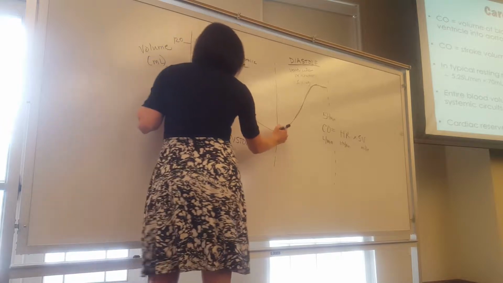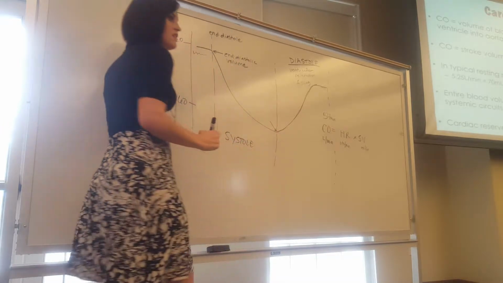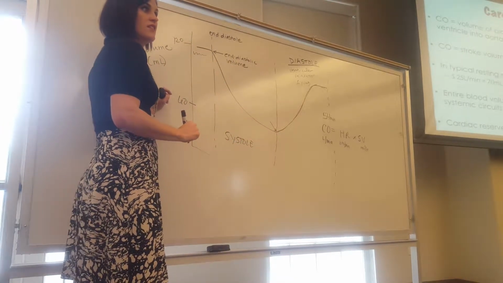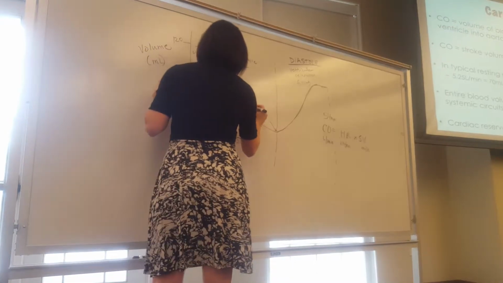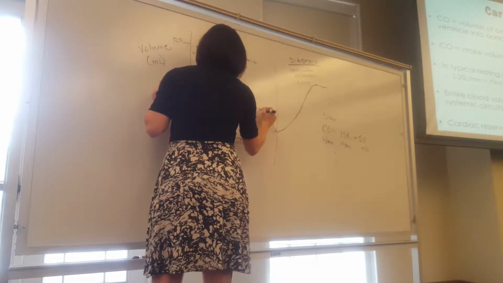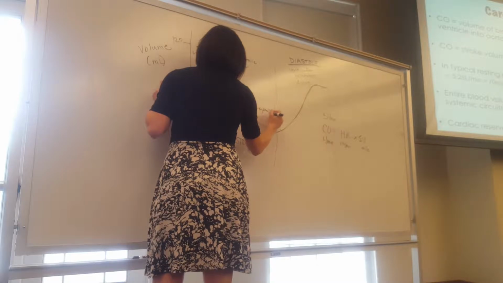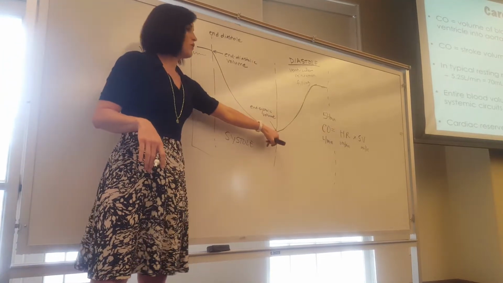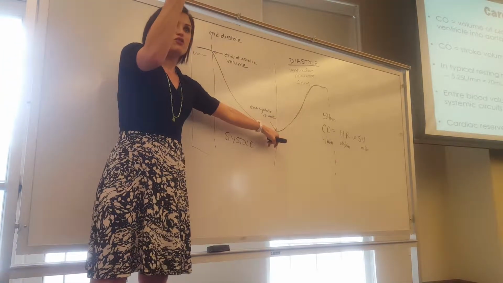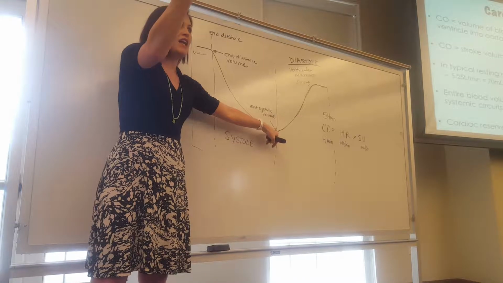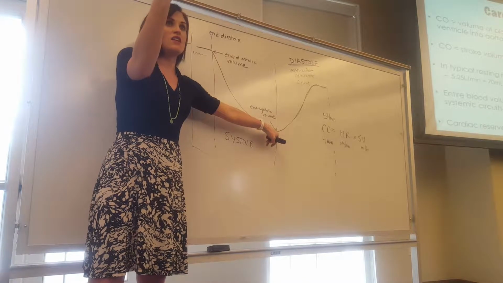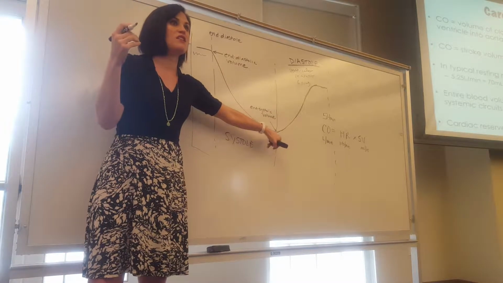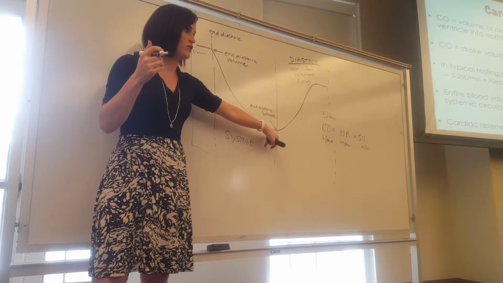All right, so what do you think this is? End systolic volume, all right? Okay, so this is the point, right as the ventricles finish contracting, when that aortic valve closes and they start to relax, this is the least amount of volume you're going to have in the ventricles.